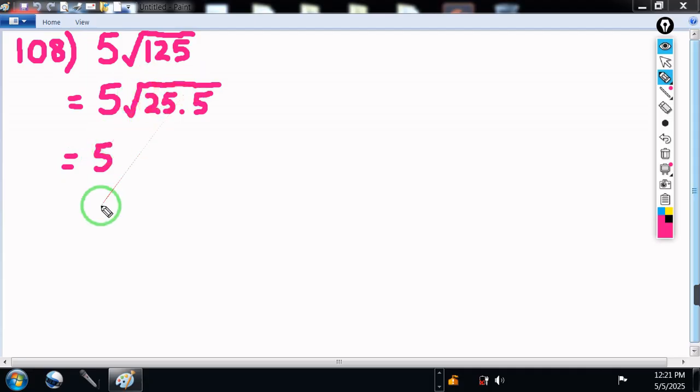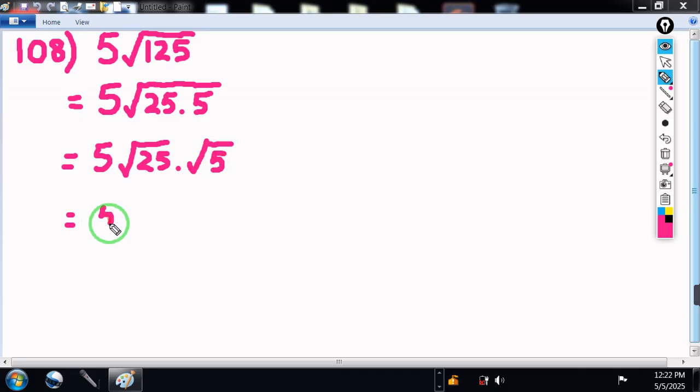Then root of 25, each one considered individually. Put the dot after the 5, understood. So it will be 5.